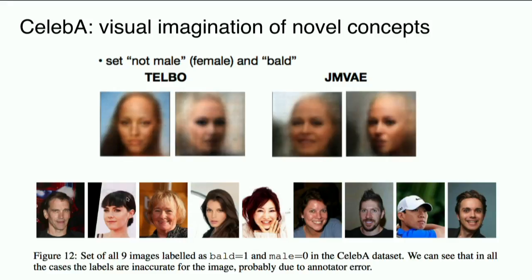There are some images that are labeled as bald females, but none of them are bald females, right? So this is label noise, it turns out. It's a very rare combination. And I think that's in the test set. I don't remember exactly. I should refresh myself. Anyway, that's what we did in that space.